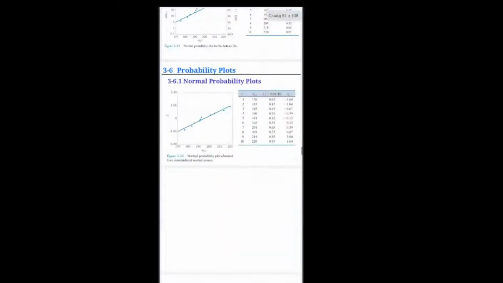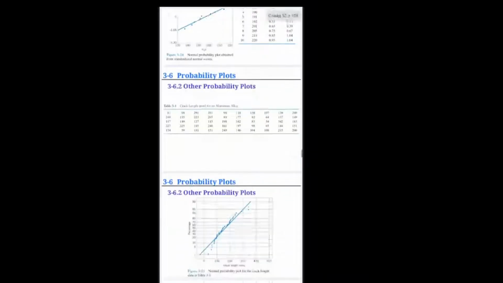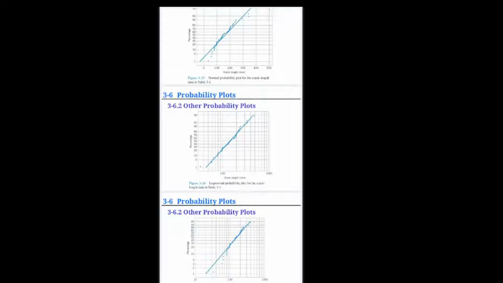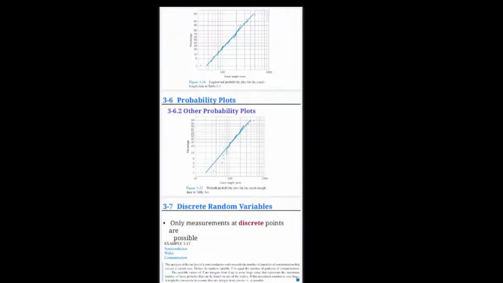And here are some examples of this approach when we are using probability plots to identify whether it is applied to normal probability or log normal probability or maybe Weibull probability plot.